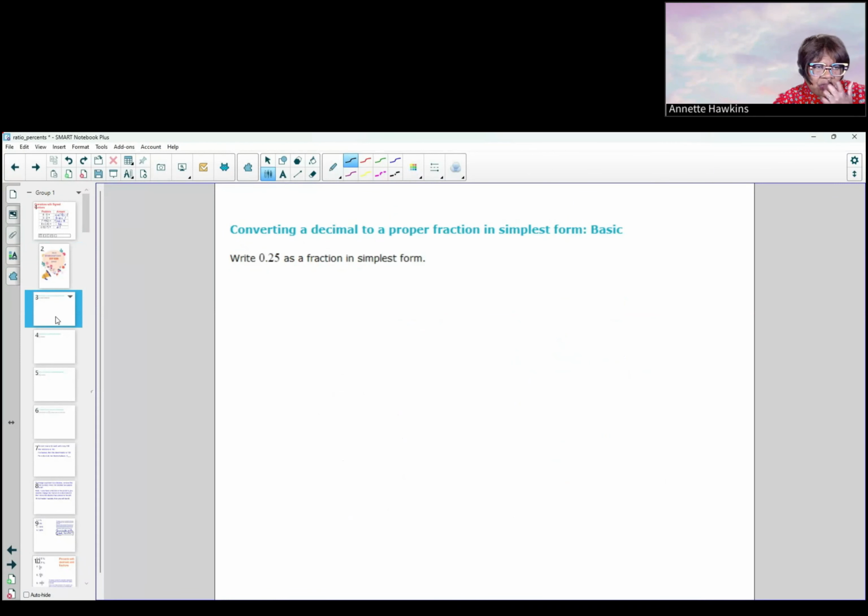So we want to change a decimal to a fraction. In order to change a decimal to a fraction, you have to read the decimal correctly. So this is 0.25. That's not how we read this. So we need to make sure that we know the place value. And so the place value, if this is your decimal, this is tenths.